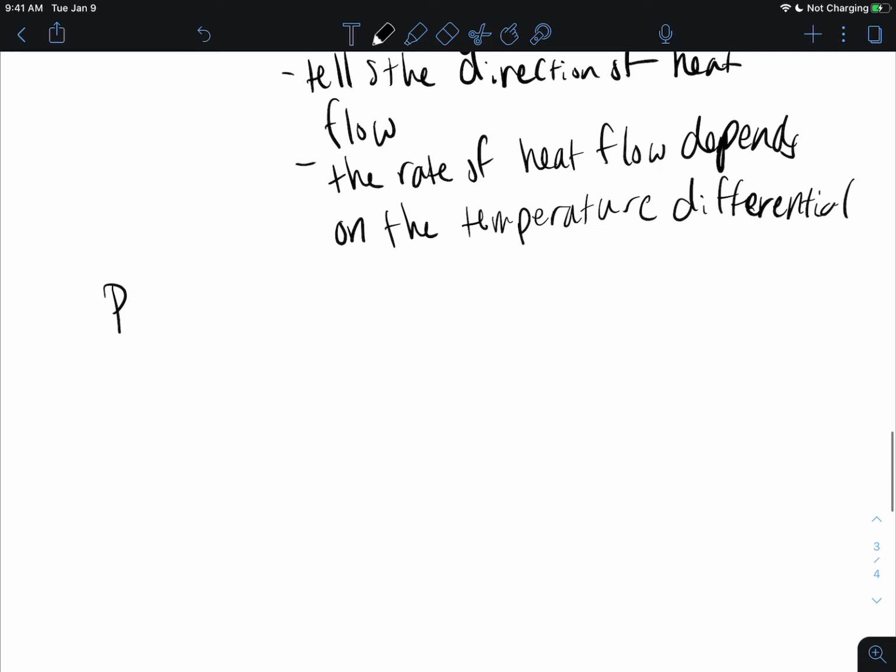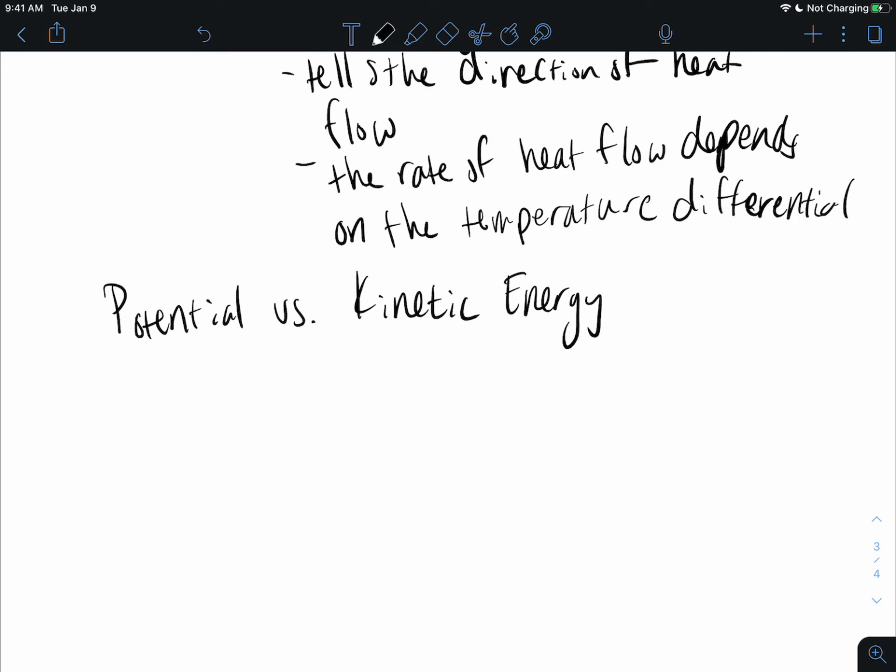And then let's just finish up looking at our potential versus kinetic energy. Okay, so again, our potential energy, so I'm just going to do PE, potential energy, is our stored energy.